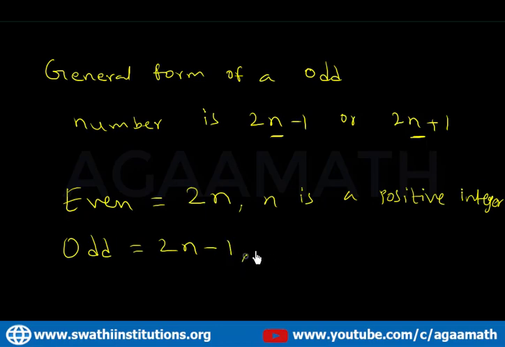In this case also, n is a positive integer. So this is about the general form of an even number and an odd number. In the place of the variable n, you can take any variable like a, b, c, d. It's not that you have to use only n.